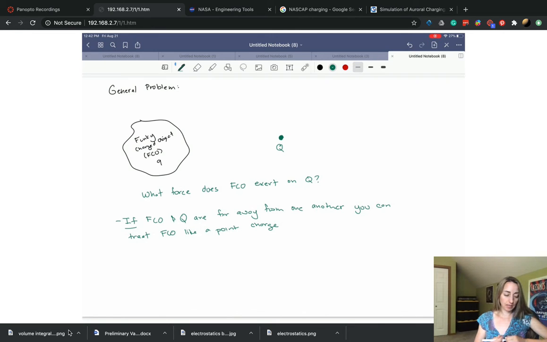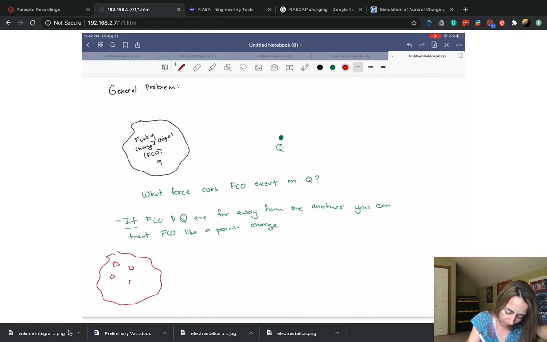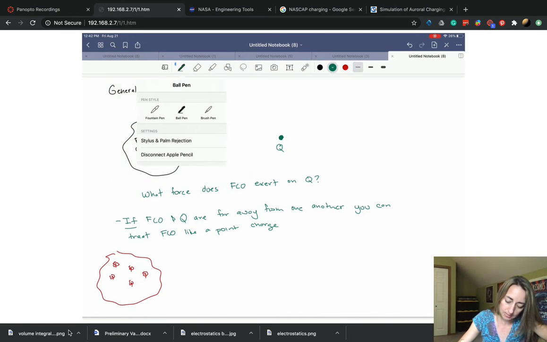On the other hand, if they're not far away from each other, our choice is a little bit different. So we've got some object here. It's got some charge distributed around it. What I can do instead is take my funky charge object and imagine breaking it into a bunch of little charged objects. Maybe one part of this is more charged than the other, but if I break this up into small enough chunks, these little chunks are going to have the same charge. So this is another option.